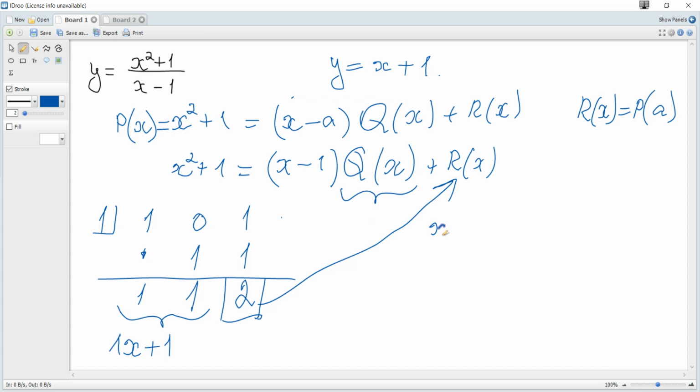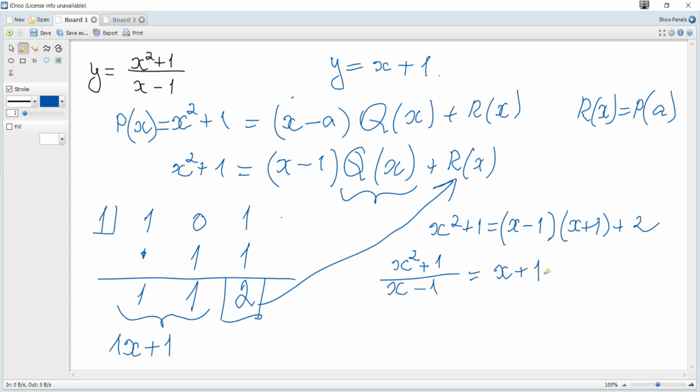So x squared plus 1 is x minus 1 multiplied by x plus 1 plus 2, or if we divide by x minus 1, we get x squared plus 1 over x minus 1 is x plus 1 plus 2 over x minus 1.